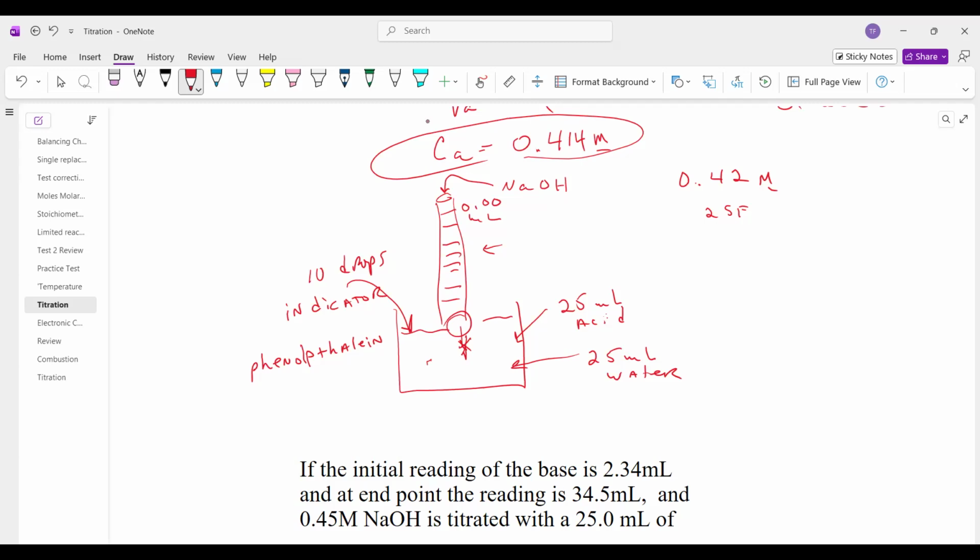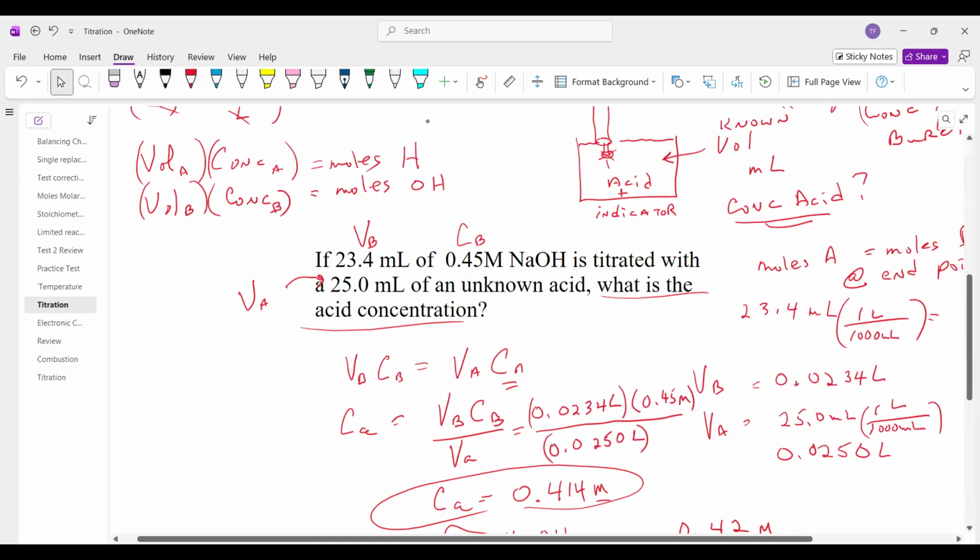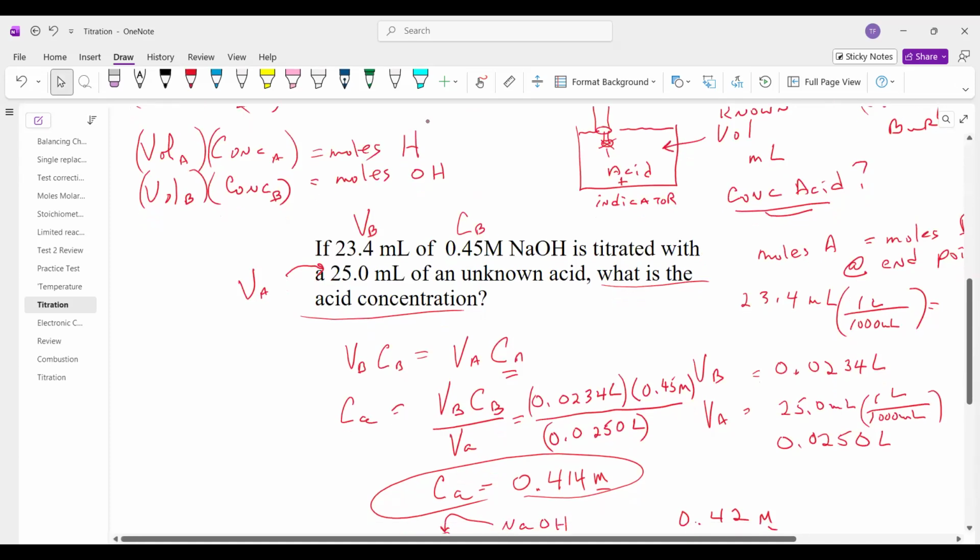Then you're going to read from the burette in milliliters how much it took to get that pink color. Then that's going to be your milliliters. So in this problem up here, it took 23.4 milliliters of base to get that pink color of the acid base neutralization.